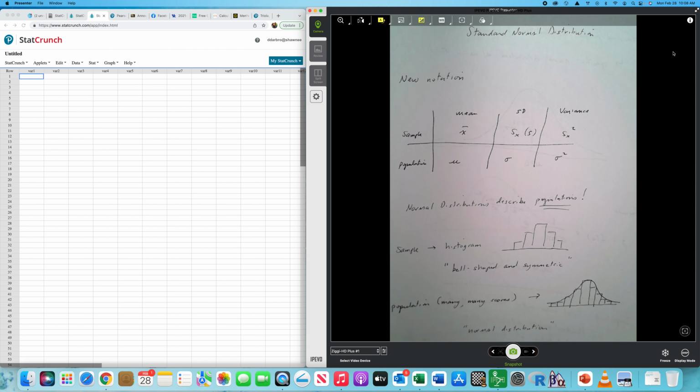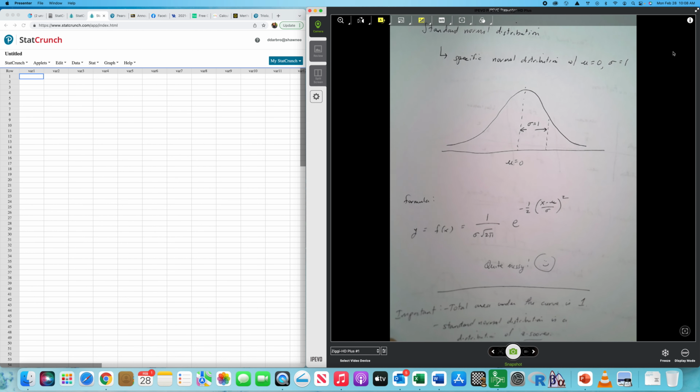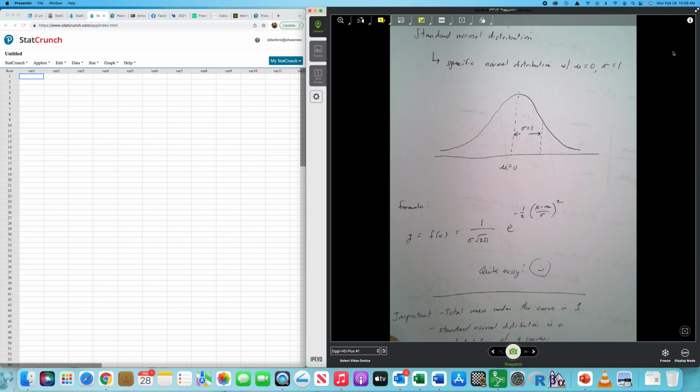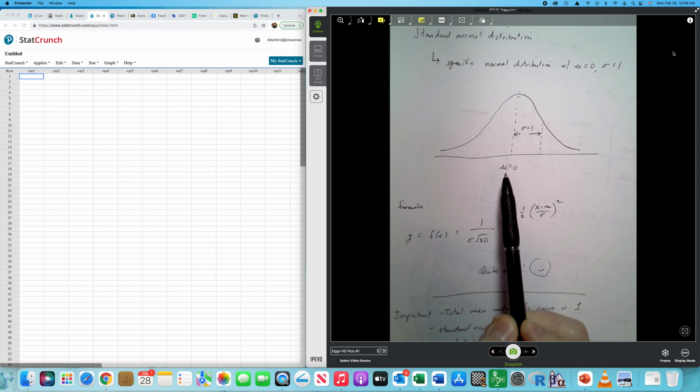All right, so we're going to study normal distributions, but we're going to begin the study by examining something called a standard normal distribution. Now, a standard normal distribution, again, is a specific type of normal distribution that has mean 0, standard deviation 1. In a normal distribution, whether it's a standard normal distribution or just a regular normal distribution, the mean always resides right in the center.